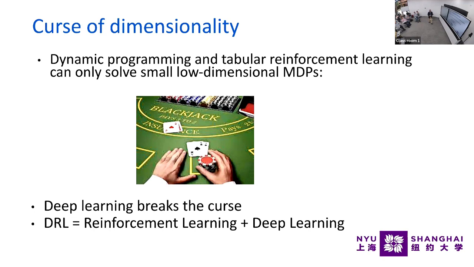It was because of the curse of dimensionality. With Markov decision processes, dynamic programming, reinforcement learning, you can only solve problems with relatively small state spaces. As soon as the dimension of the state space becomes large, like 3 or 4 or 100, the number of states becomes too big, and none of the algorithms are useful anymore.